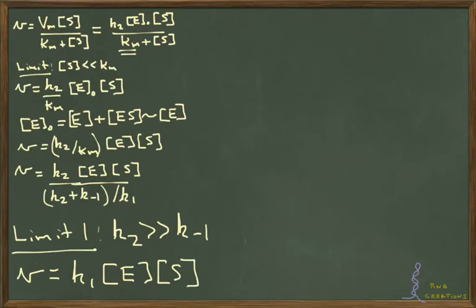Everybody see where that comes from? I'll give you a minute to catch up. It just comes from here. If k2 is big, then the k2's cancel and the k1 swings up into the numerator.